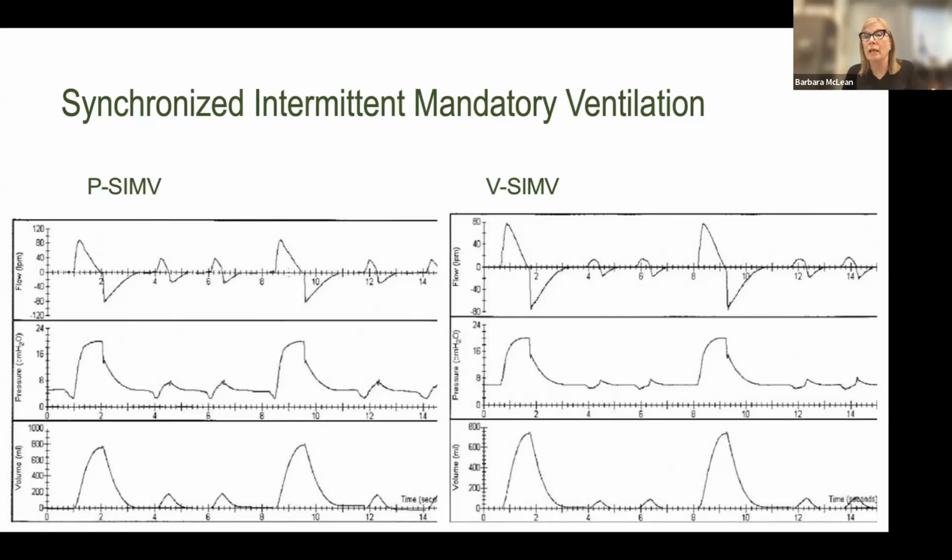There's variability because in a pressure SIMV, we go between a high pressure set and a low pressure set: pressure support, which would be 8 to 15, and pressure control, which might be up to 40. And in a volume SIMV, the patient's going to move different volumes, and that's also going to generate different pressures.